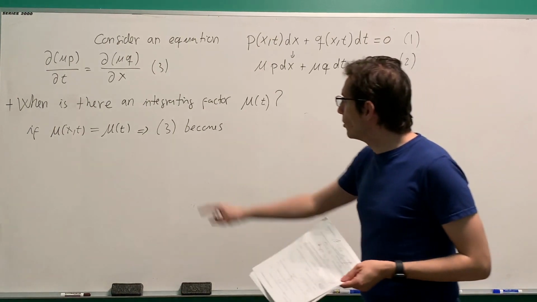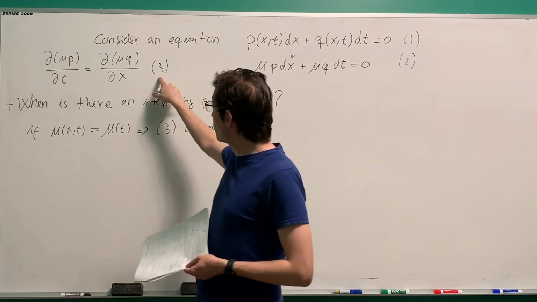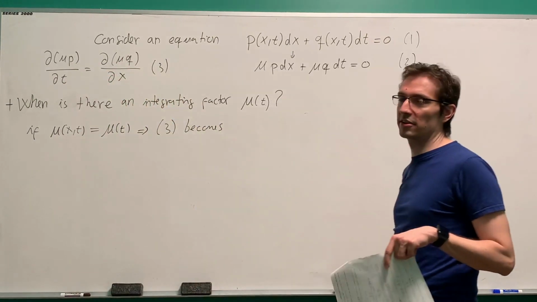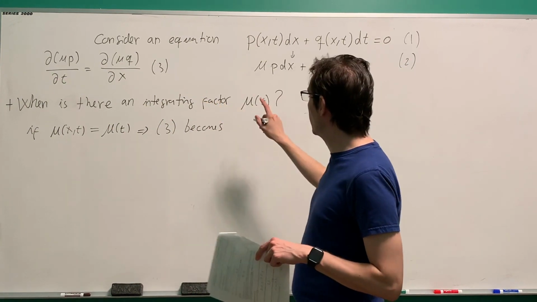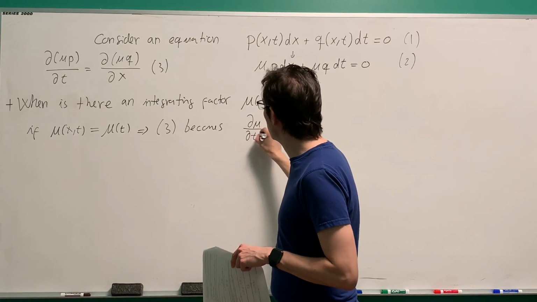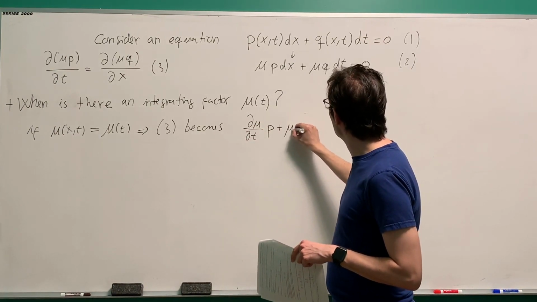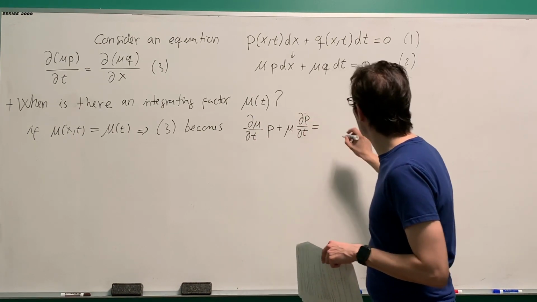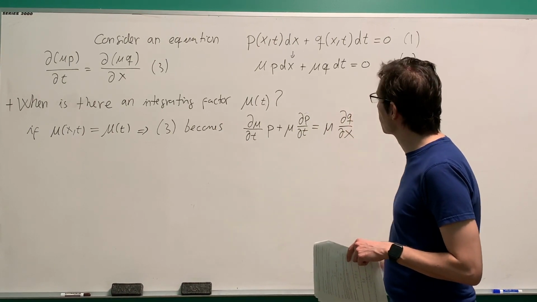All right. So, same thing as before, equation 3, if mu is only a function of t, we can simplify because this mu comes out of the derivative with respect to x. So, we apply Leibniz rule on the left, and we get partial mu, partial t, times p, plus mu, partial p, partial t, equal to mu, partial q, partial x.